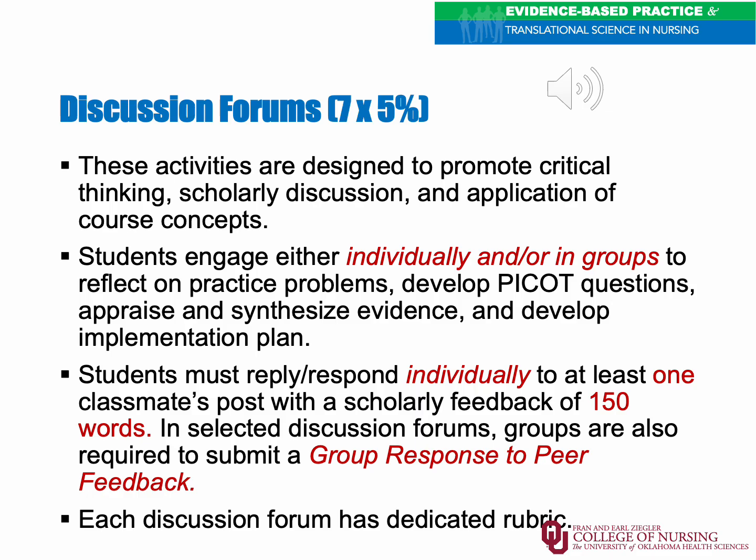In our discussion forums, students must respond individually to at least one classmate's post with scholarly feedback of 150 words. In selected discussion forums, groups are also required to submit a group response to peer feedback and to submit the revised work. Take note that each discussion forum has a dedicated rubric.